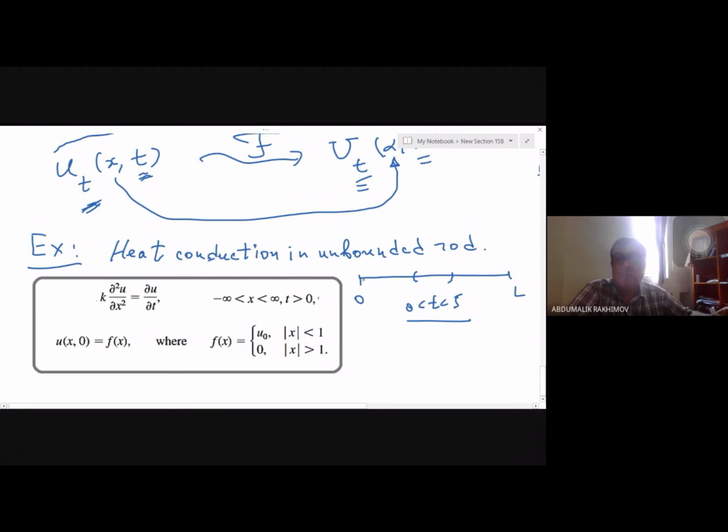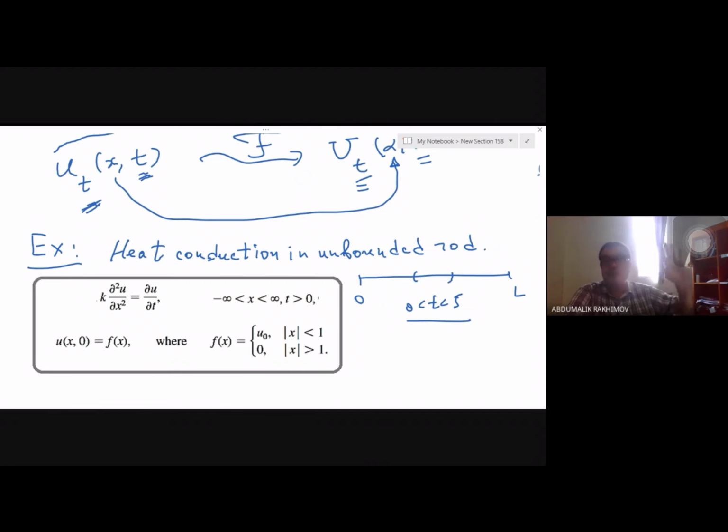So it means boundary conditions play no role. We don't need a boundary condition. We suppose that the boundaries, 0 and L, are very far from the object which we study, which is just the middle of the rod.